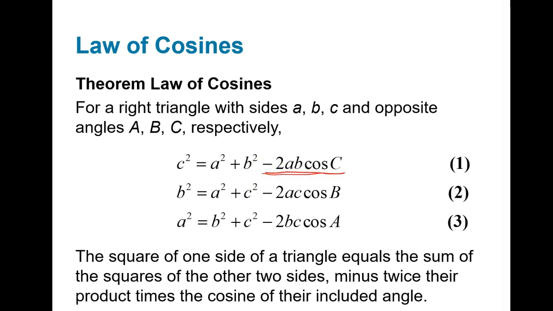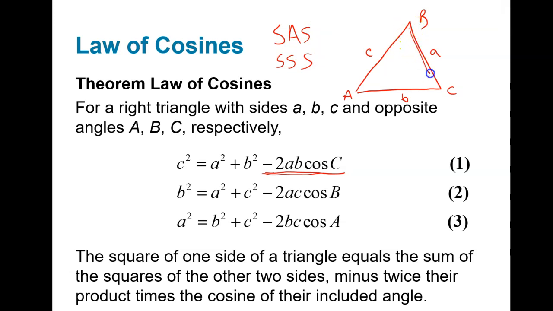All right, now the reason why we see three of them here, they're all the same. I keep drawing a right triangle, but it doesn't have to be a right triangle. It could be something like that. There's A, B, C, little a, little b, little c. But remember it was SAS or SSS, this is when we're going to use this. If I know side a, and I know side b, and I know angle C, that's SAS, then I can solve for the side opposite that angle.